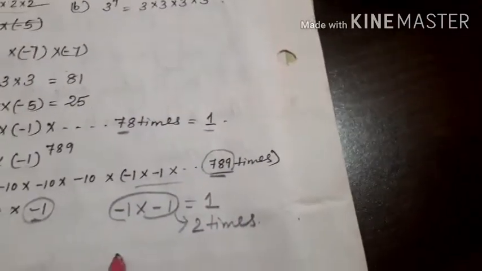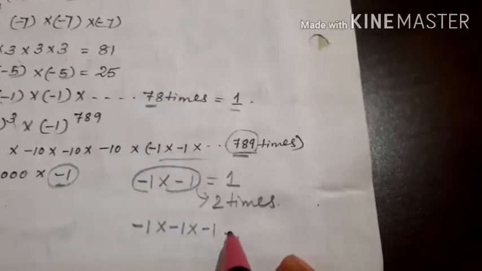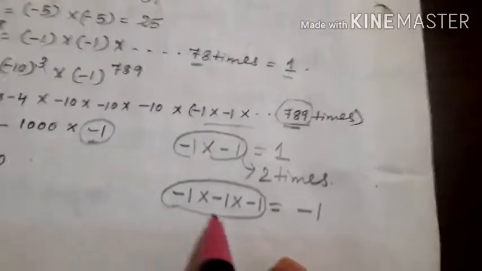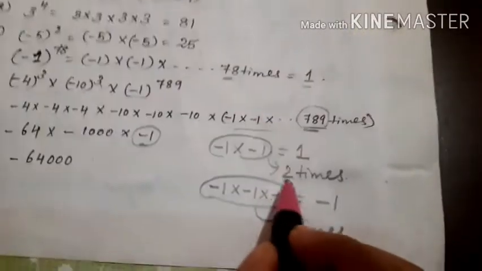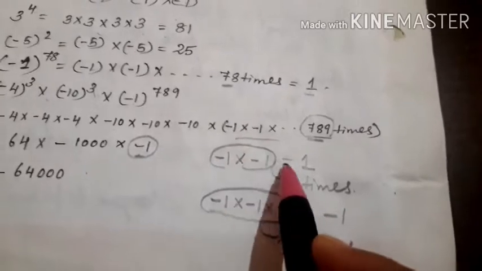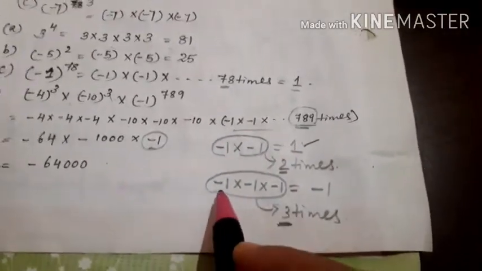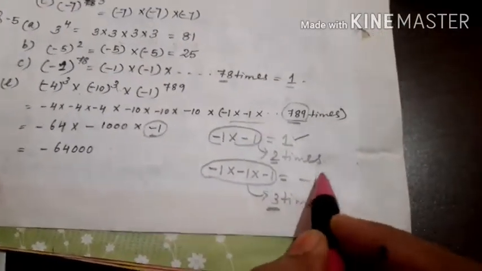If I say minus 1 into minus 1 into minus 1, you will get minus 1 because it is multiplied 3 times. 3 times means odd times. 3 is odd and 2 is even. That's why if you multiply minus 1 an even number of times, you will get plus 1. If minus 1 is multiplied by itself an odd number of times, you will get minus 1.